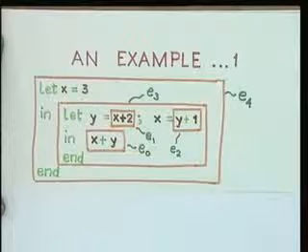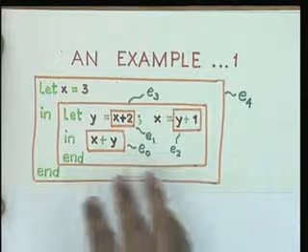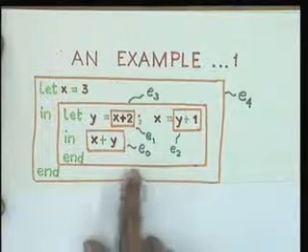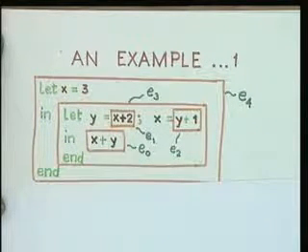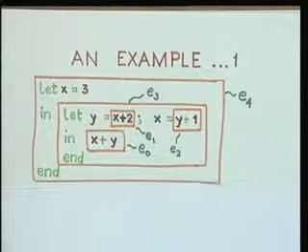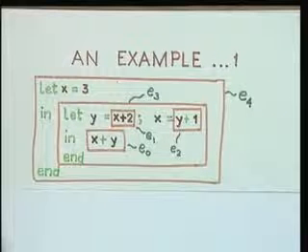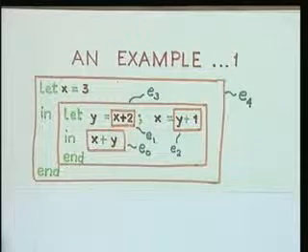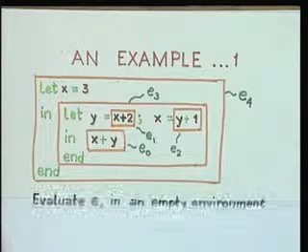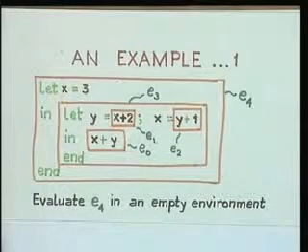You have let x equals 3 in let y equals x plus 2 semicolon x equals y plus 1 in x plus y, and you have these various syntactical elements in it, which I have named E0, E1, E2, E3, E4. Now this is a complete ML program in itself, and what I would like to do is evaluate it in an empty environment.